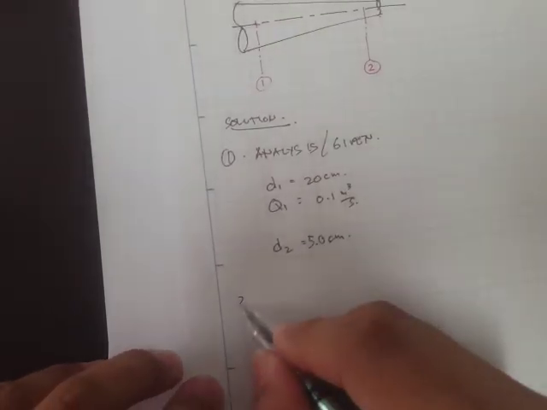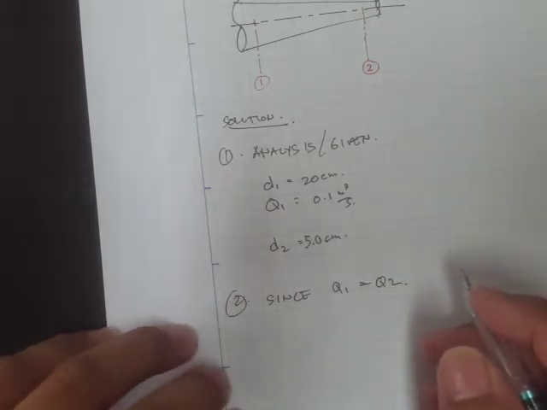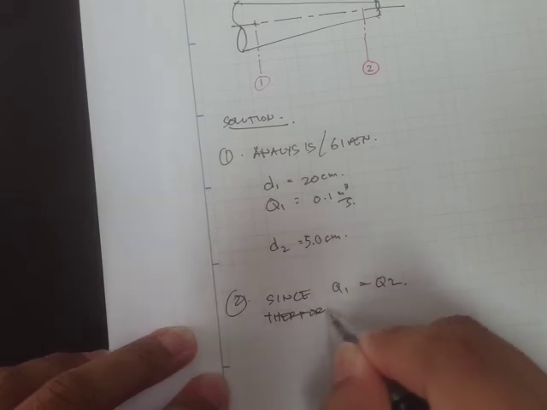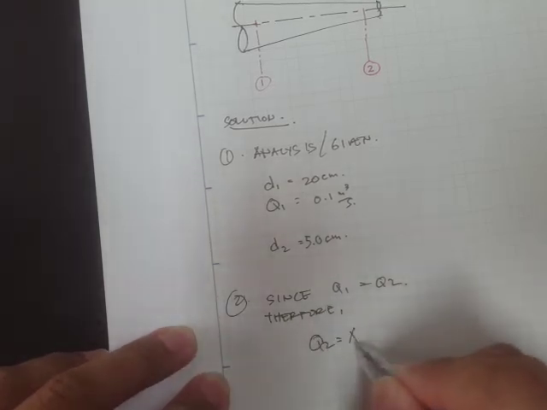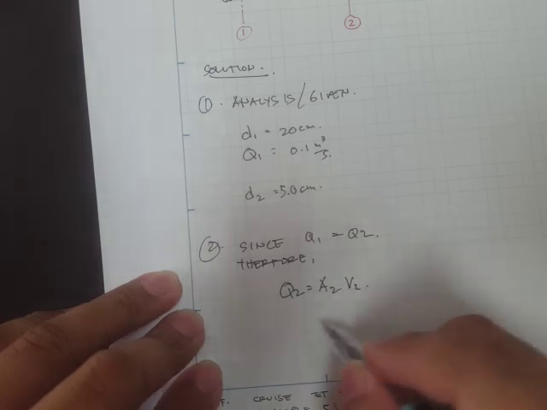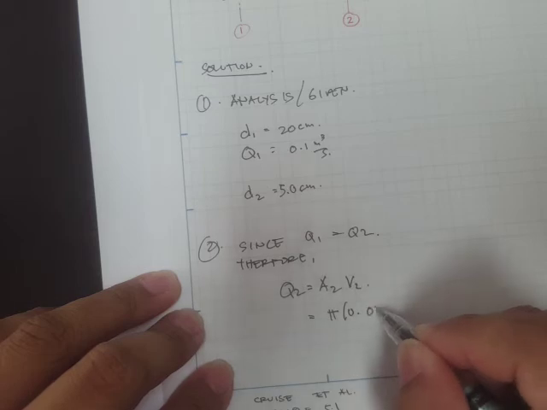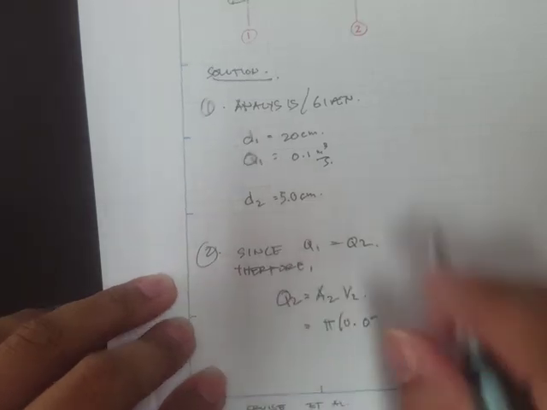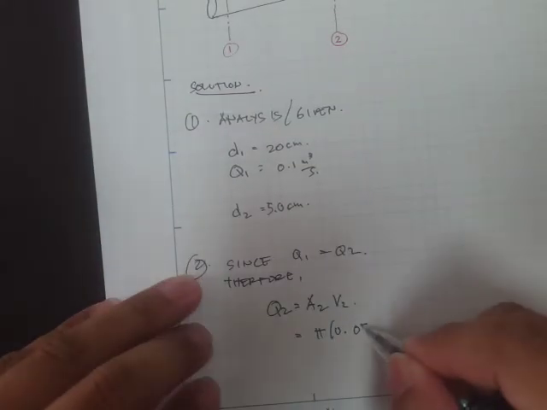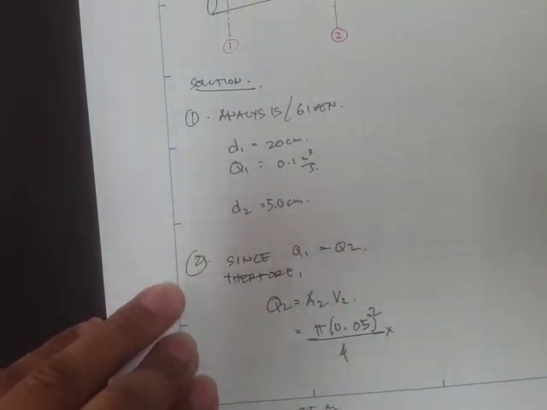Now, since we have the same flow rate, Q sub 1 is equal to Q sub 2, therefore Q sub 2 is equal to A, the area at section 2, times the velocity at section 2. Now the area is just simply pi d squared over 4, so pi times 0.05 squared over 4 times the velocity.